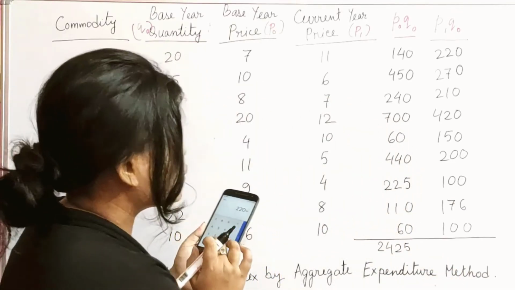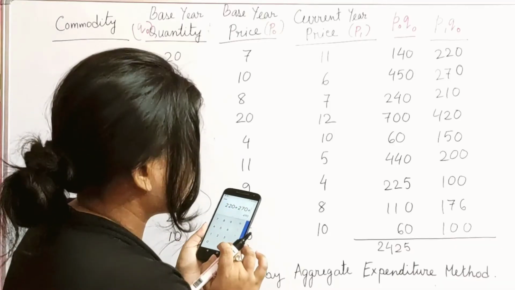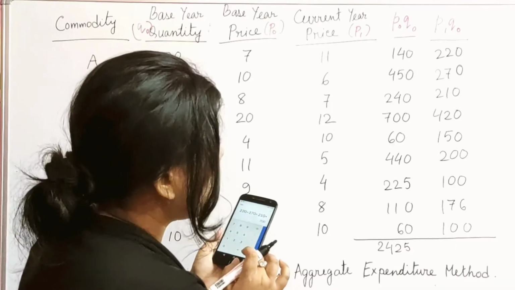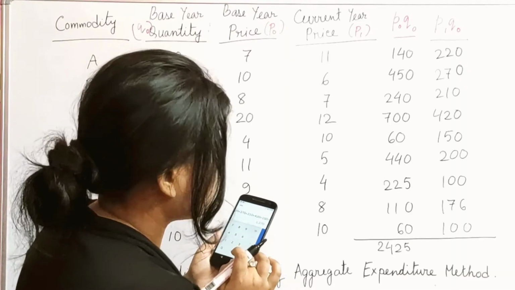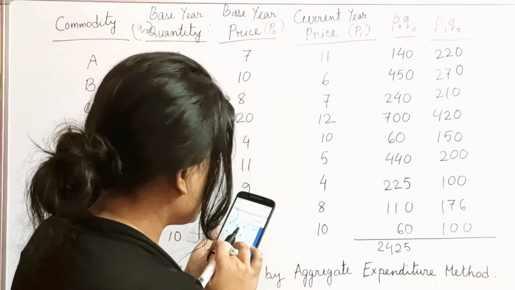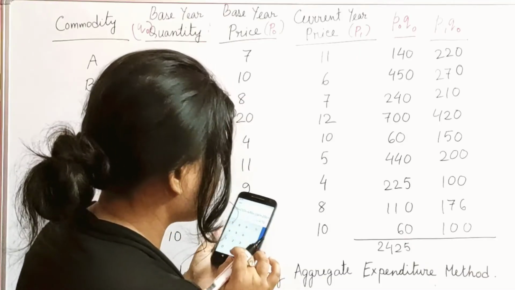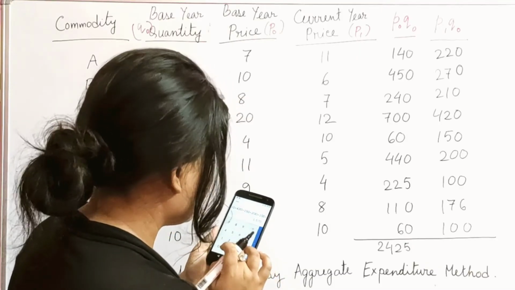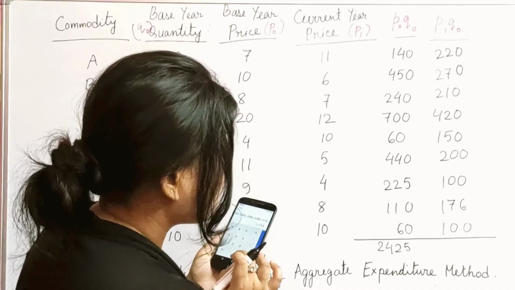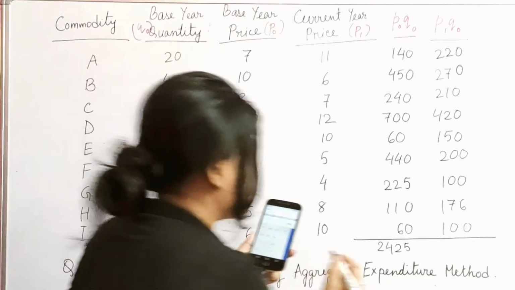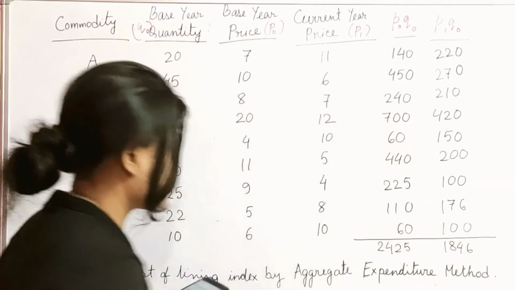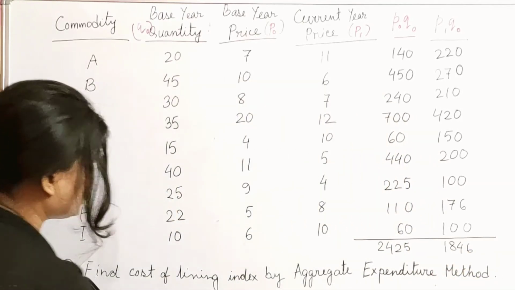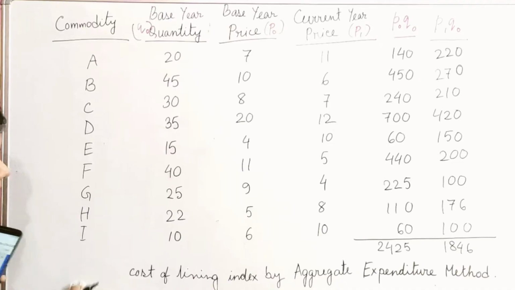Then the next values: 220 plus 270 plus 210 plus 420 plus 150 plus 200 plus 100 plus 176 plus 100, and the value is 1846.